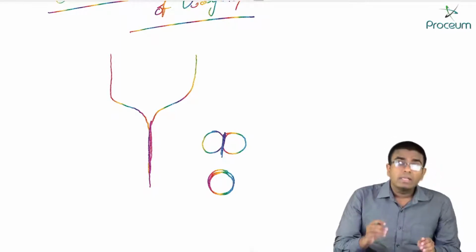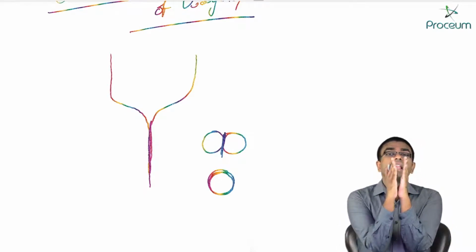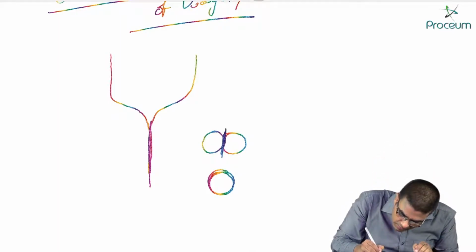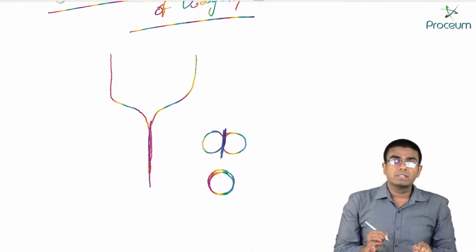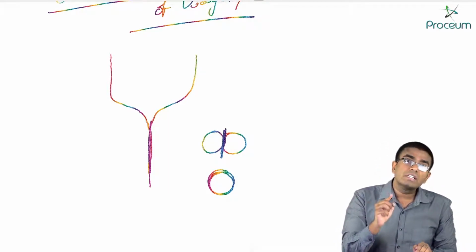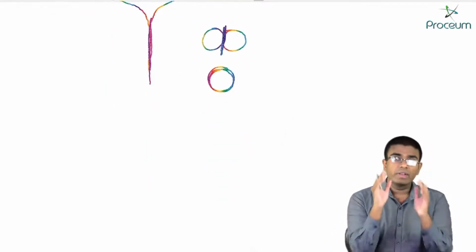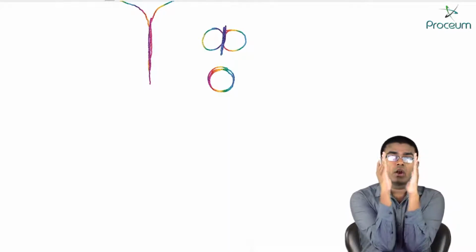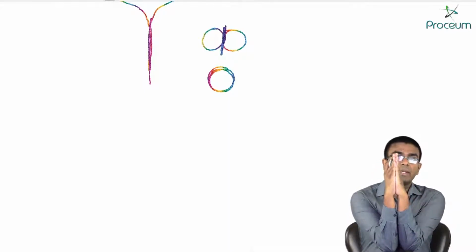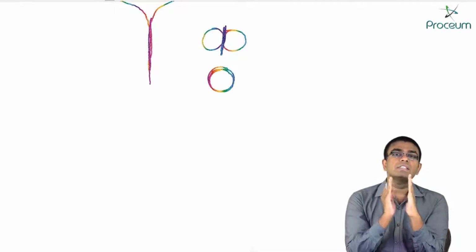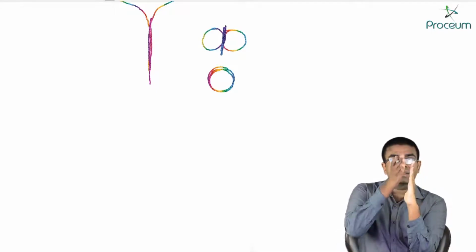But if they fail to fuse laterally, what happens? This septum is going to persist. So it will form the longitudinal vaginal septum. So whenever they are not fusing completely laterally, there will be a septum present. This is the longitudinal vaginal septum.